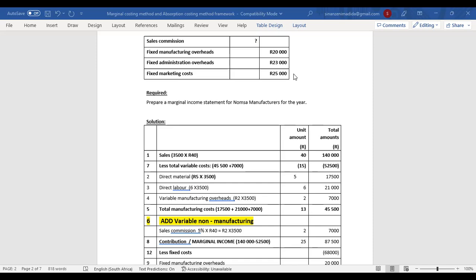I saw another question which is requesting for the marginal income approach on page. Where is it? There is another question.